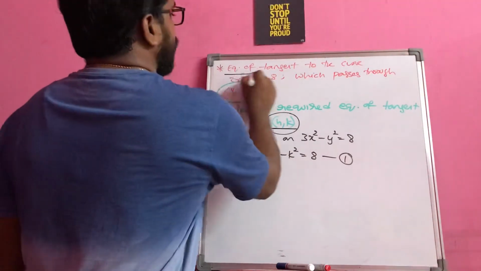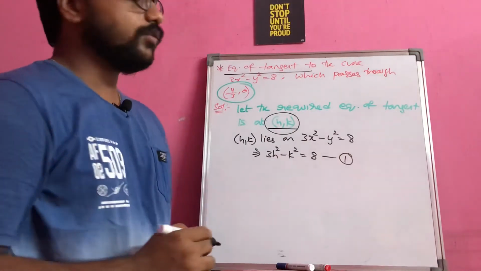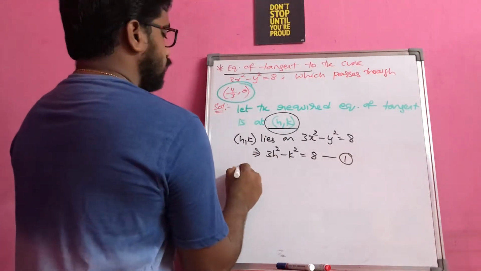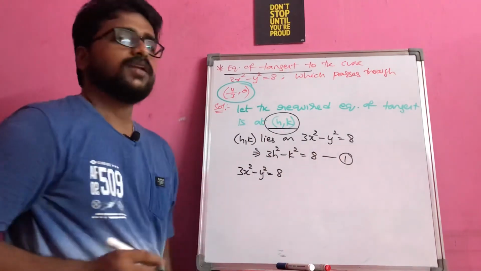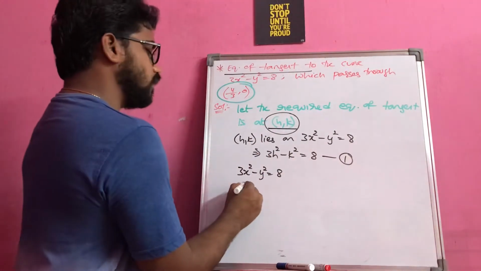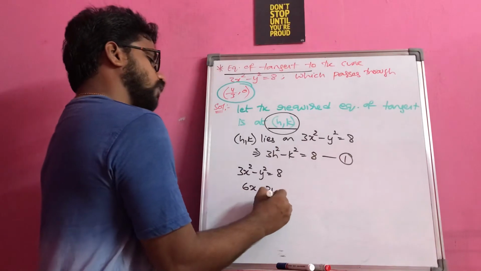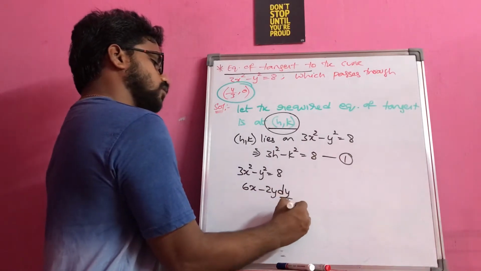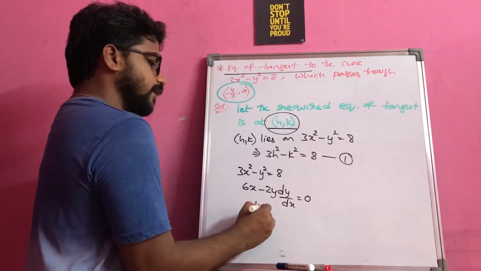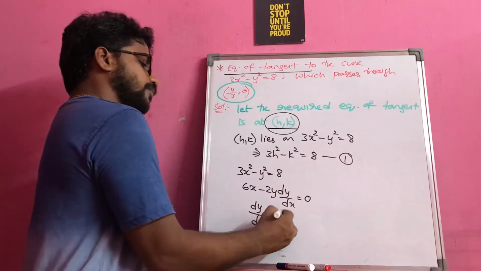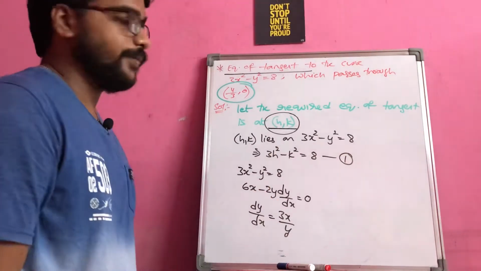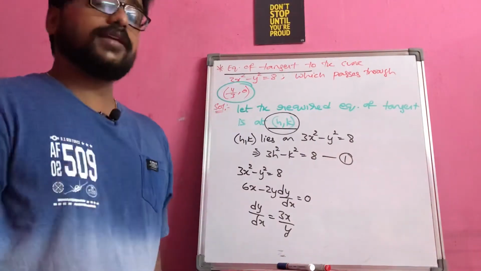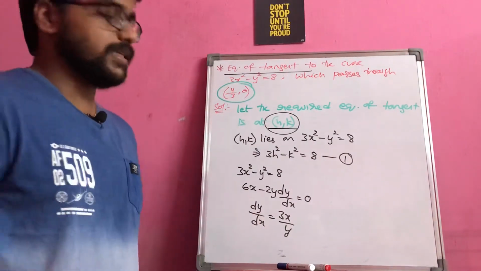Now see the question, the equation of tangent has to be found for this curve 3x square minus y square is equal to 8. So if you apply differentiation, 6x minus 2y dy by dx is equal to 0, so you will get dy by dx is equal to 3x divided by y, because 6x by 2y is 3x by y. But where are you finding the equation of tangent? At the point (h, k).